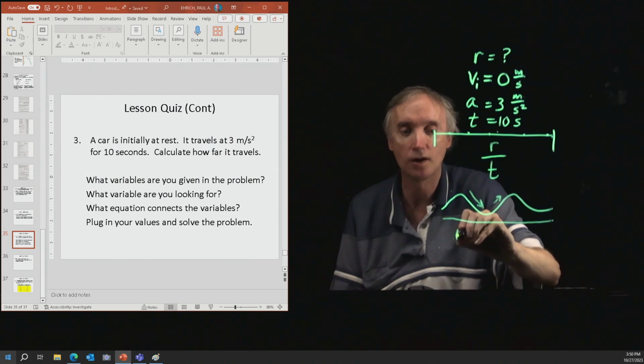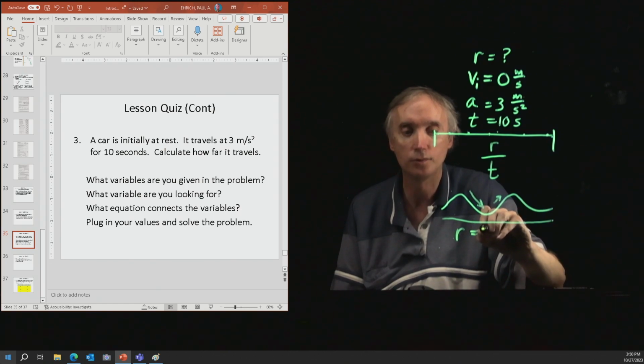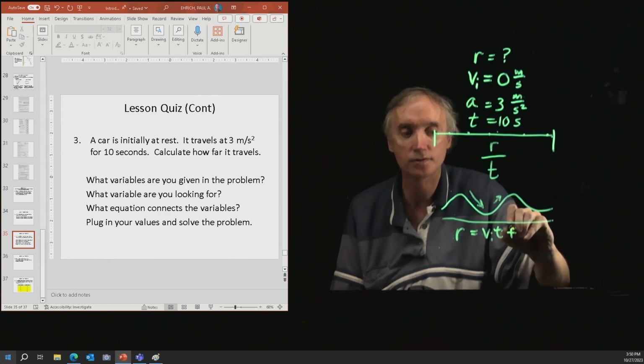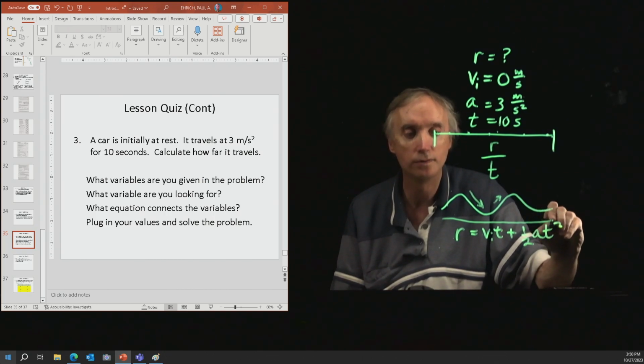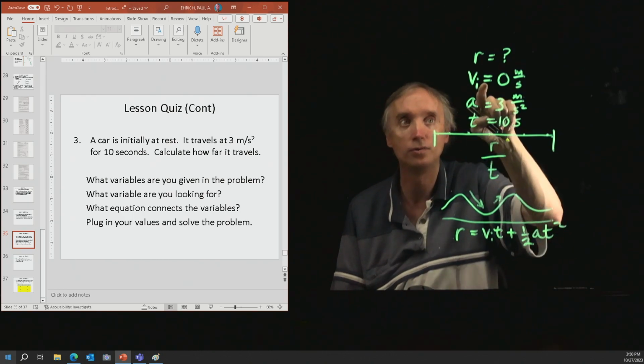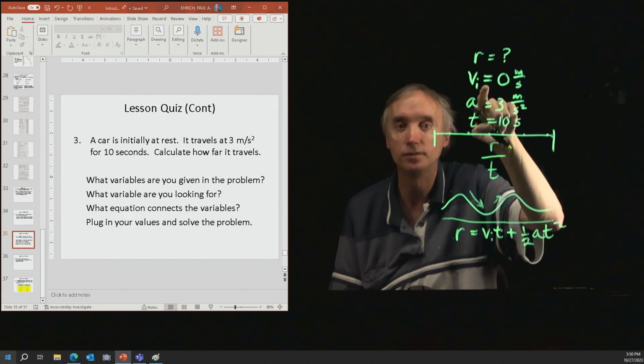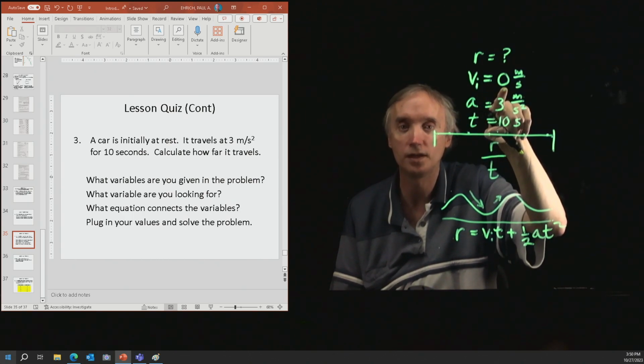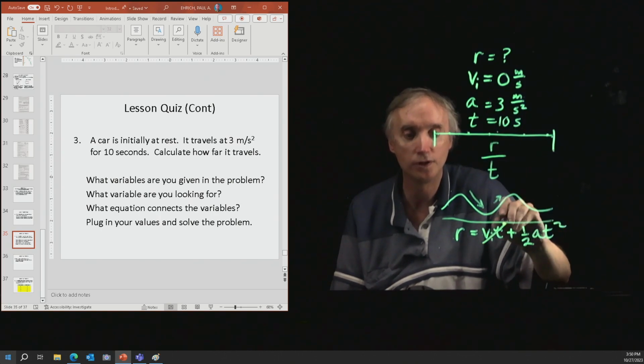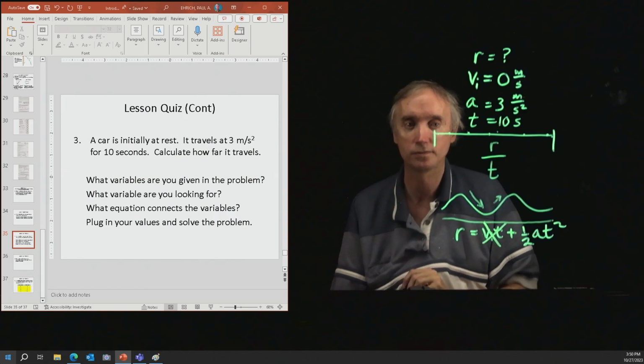So we're going to say r is going to be equal to v sub i times t plus 1/2 a t squared. So we know the initial speed was 0 because it starts at rest. So that means we don't need to worry about that piece.